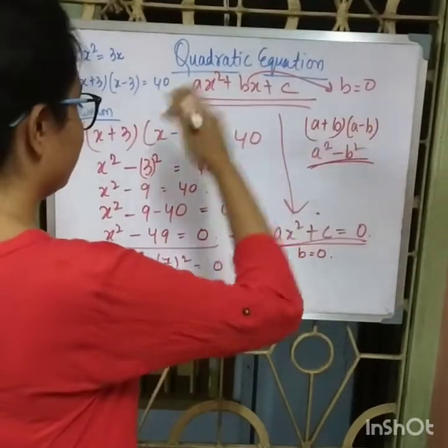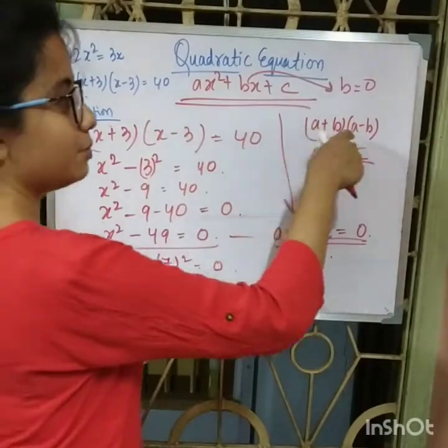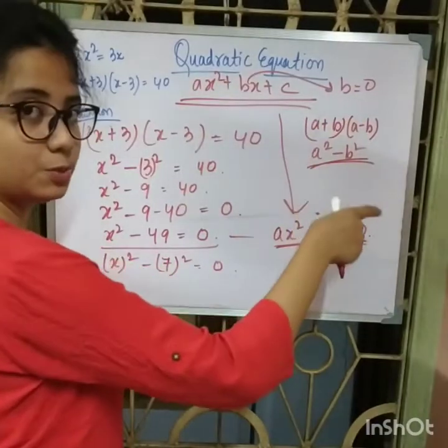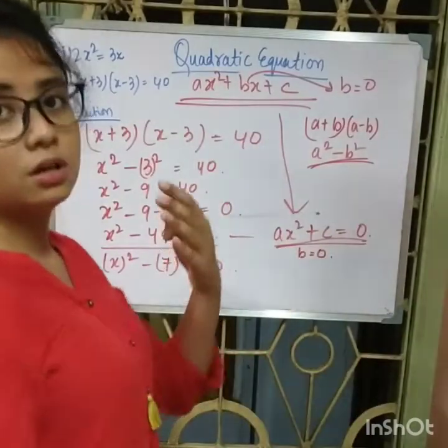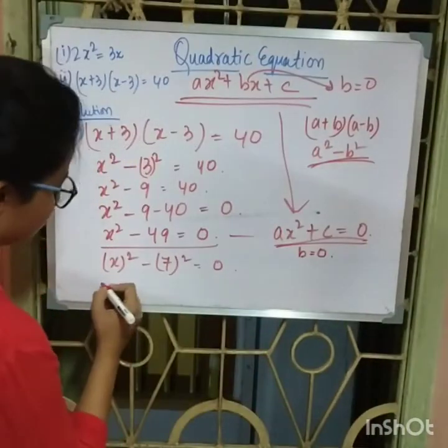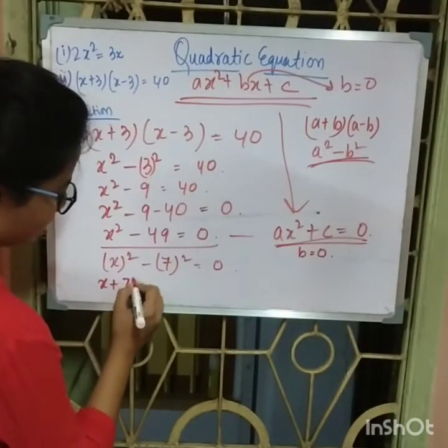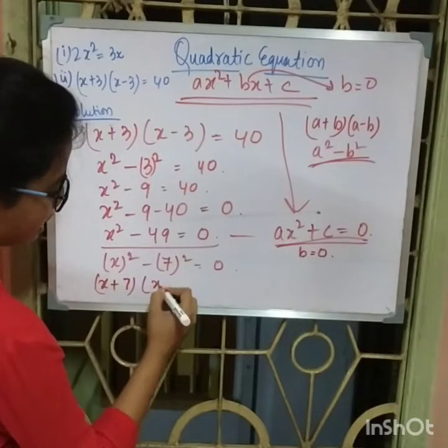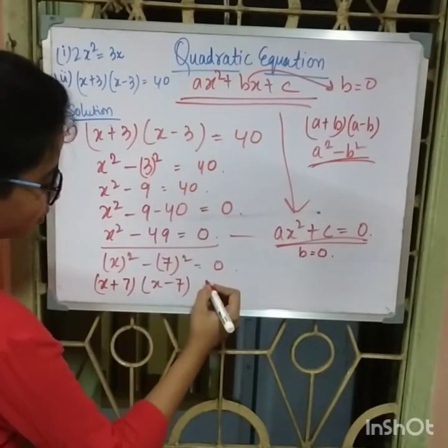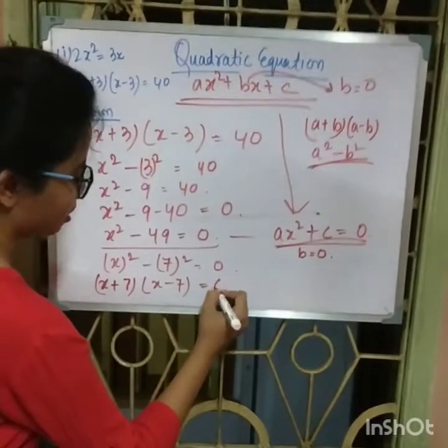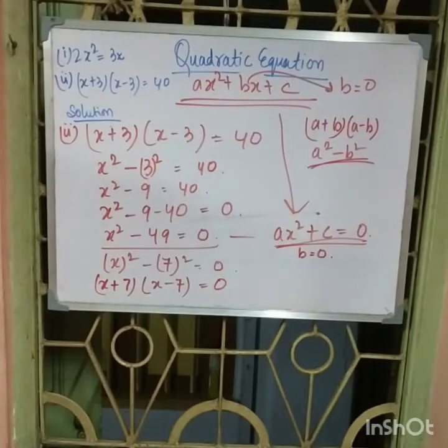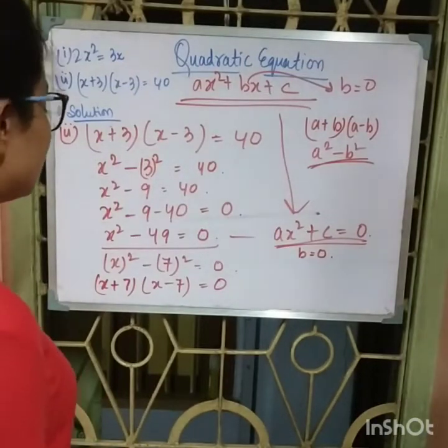We wrote in the previous step, a plus b into a minus b is equal to a square minus b square. So now we can do the vice versa. We can write a plus b, a minus b in place of x square, a square minus b square is equal to 0, right? Now again the zero product rule comes to the scene.